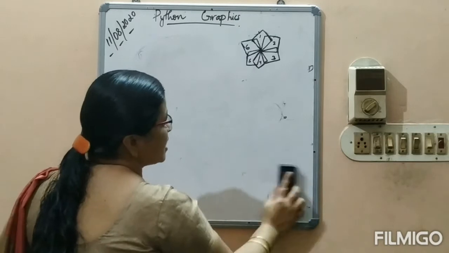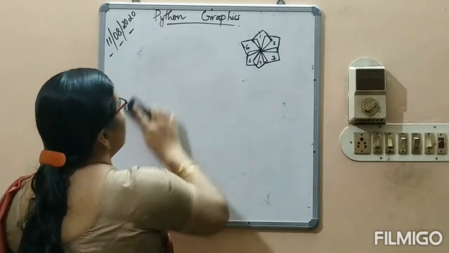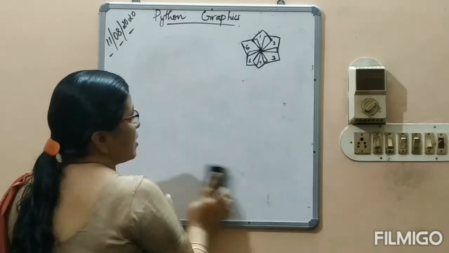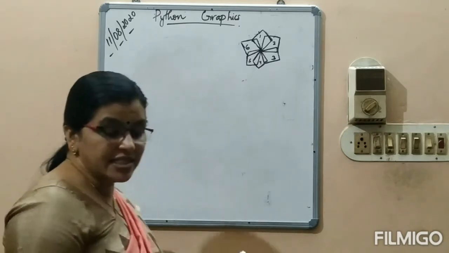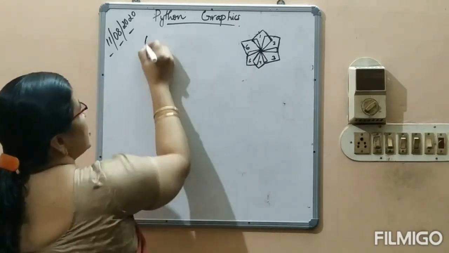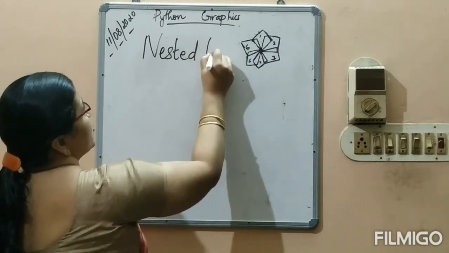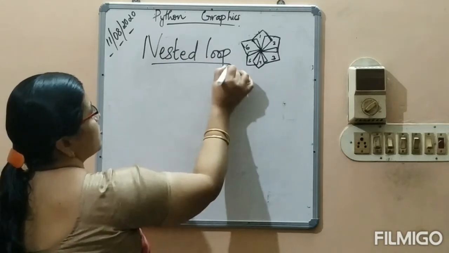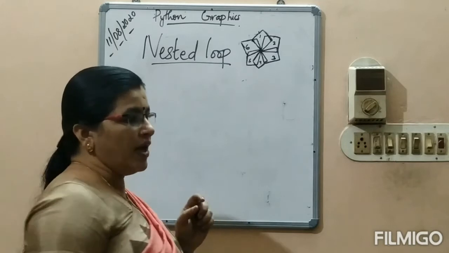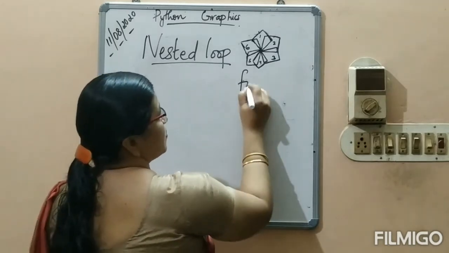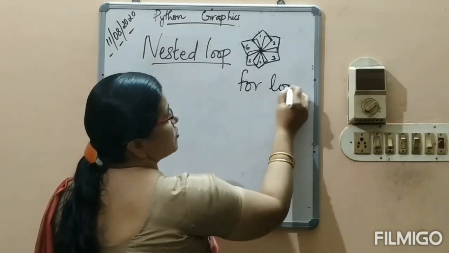For drawing a 6 square pattern, we have to learn nested loop. We have learned for loop, how to write a for loop.